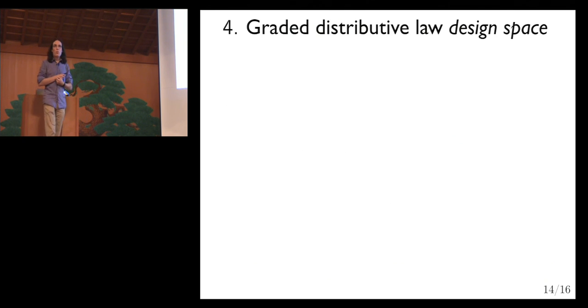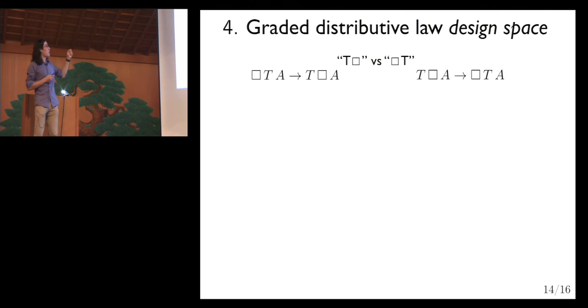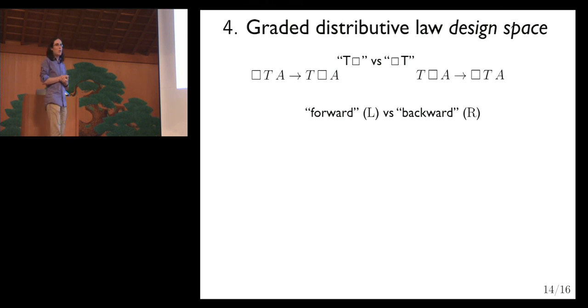And in fact, we don't just have one distributive law in our calculus, we map out a design space. Because already we've done box T over T box, but you could imagine trying to go the other way around. And there's various bits of maths where this is used, so we thought, okay, we should at least think about the possibility of having this. There's also a choice about which direction the data flow is going.